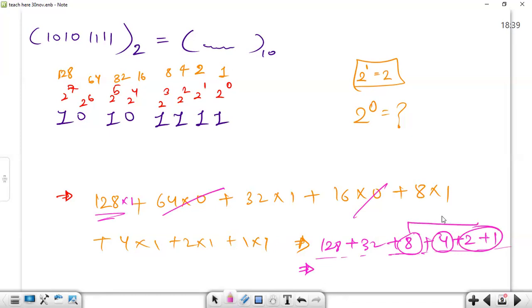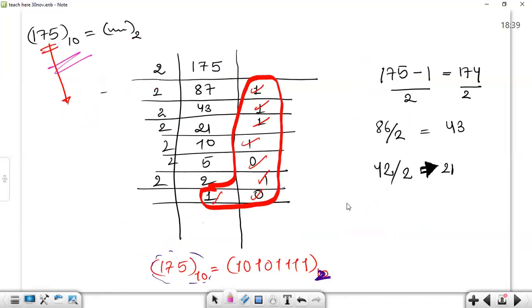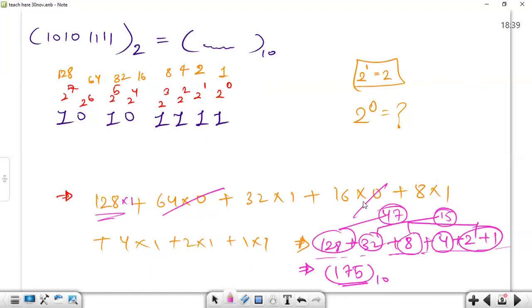This becomes 15. 15 and 32 becomes 47. Now this becomes 8, 7, 5, 1 carry, 12, 4, 16, 16 and 1 carry, 175. Should be a decimal number. Is that correct? Yes, it is. Clear? Any doubts?